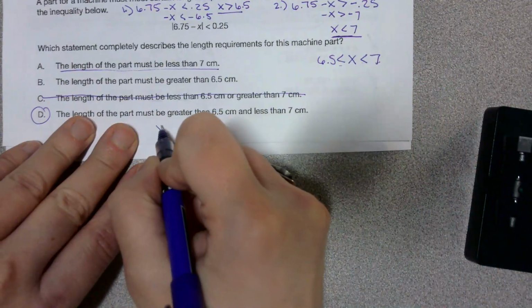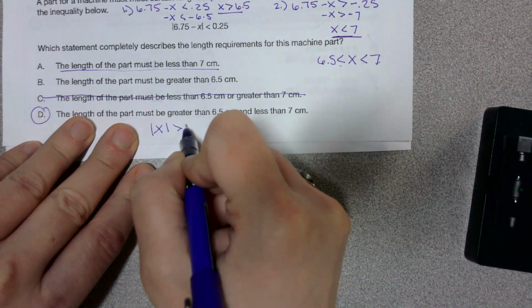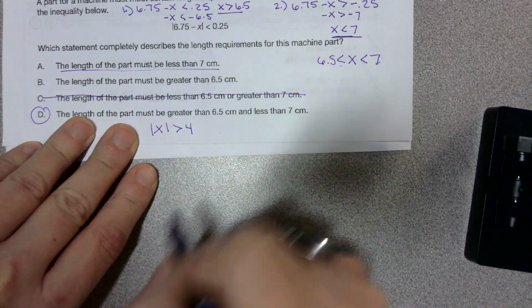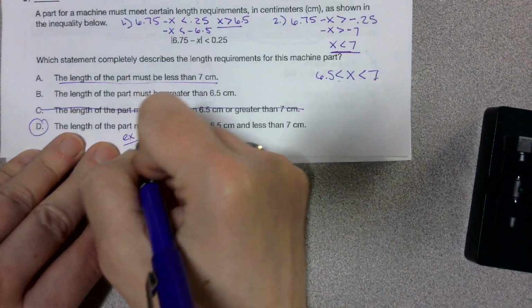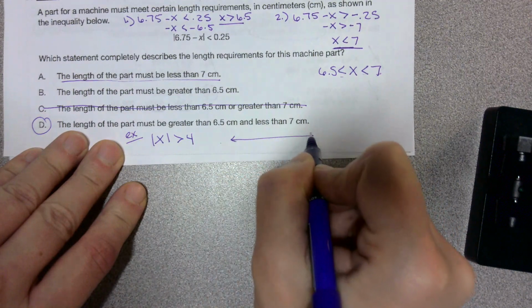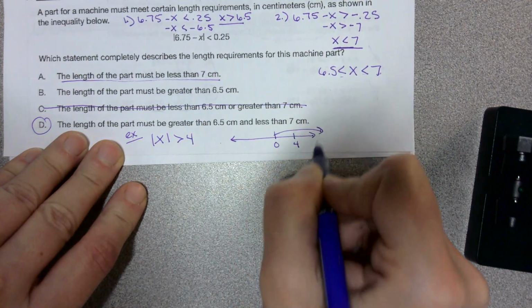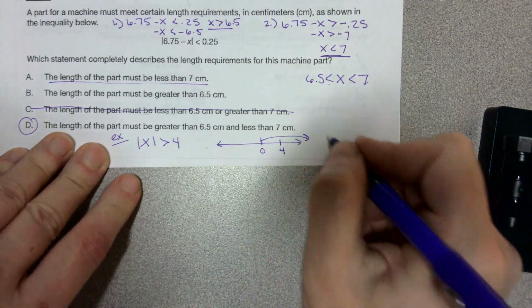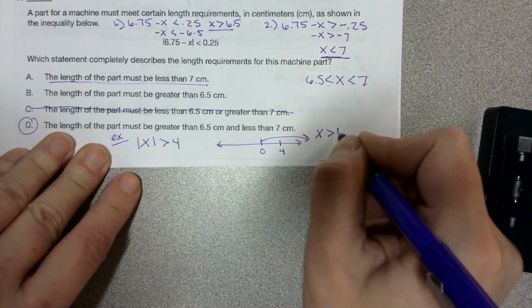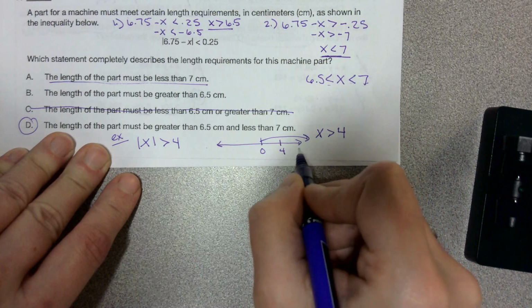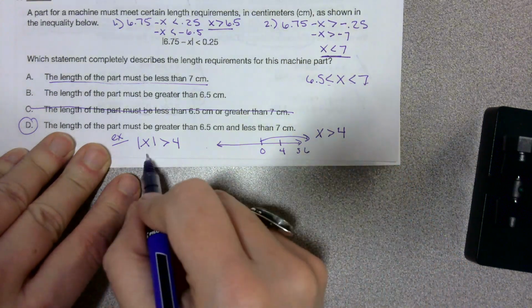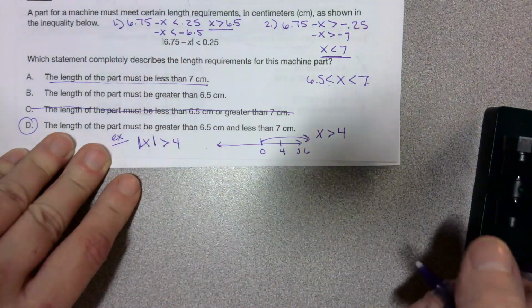So why do we flip the sign and negate? If I said I want a distance greater than 4, let's say, this is an example. Here I am on the number line. If I want a distance greater than 4, I'm greater than the number 4. Whatever x is could be greater than the number 4. It could be 5, 6, 7, 8. That's a distance greater than 4. This means distance.